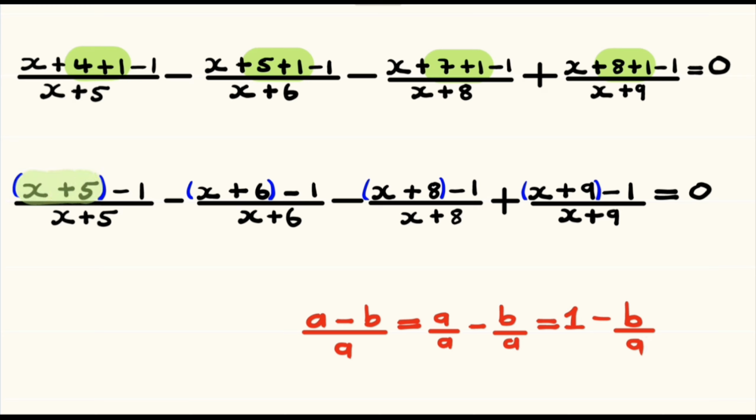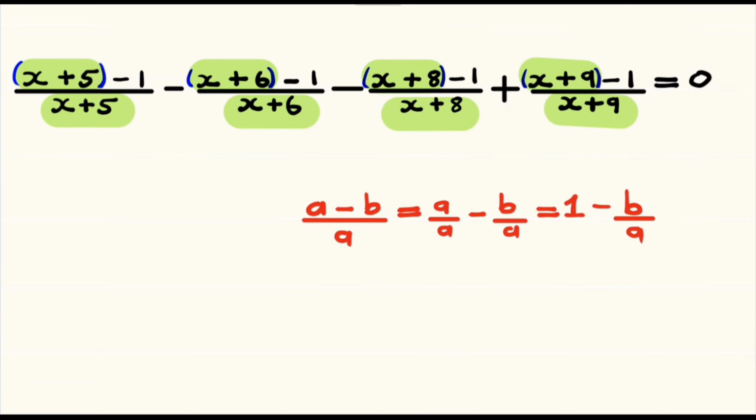So we have x plus 5 in the numerator and the denominator, and also x plus 6 in the numerator and the denominator. We have x plus 8 in the numerator and the denominator, and x plus 9 in the numerator and x plus 9 in the denominator. So we are going to simplify only the first term and deduce the rest.